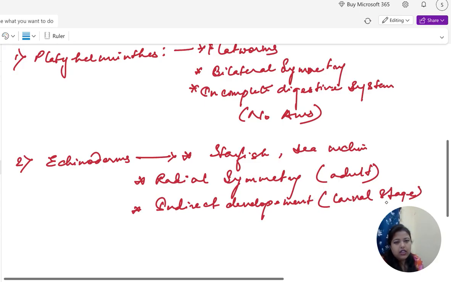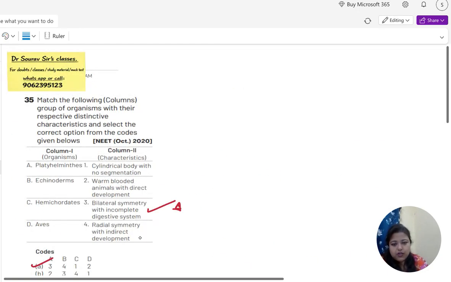So echinoderms will go with radial symmetry with indirect development, so B. Clear?